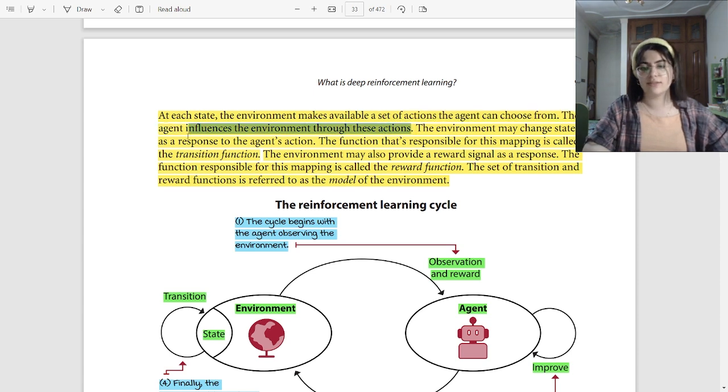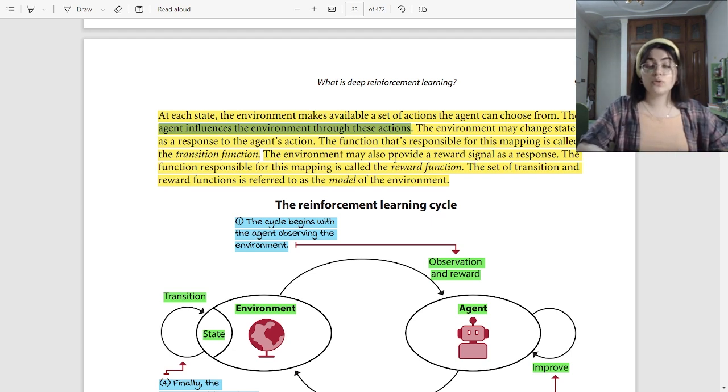Maybe this is one of the major differences of RL from other machine learning approaches: the agent can influence the environment. The environment may change the state as a response to the agent's action. The function that's responsible for this mapping is called the transition function. So the transition function is basically a mapping function that takes a state to the next state in the environment.